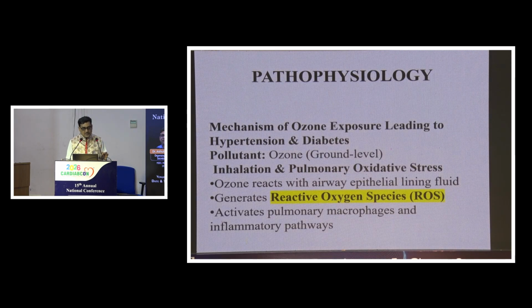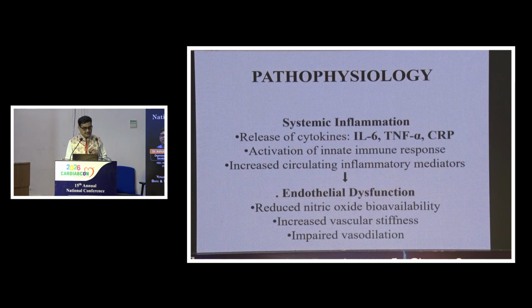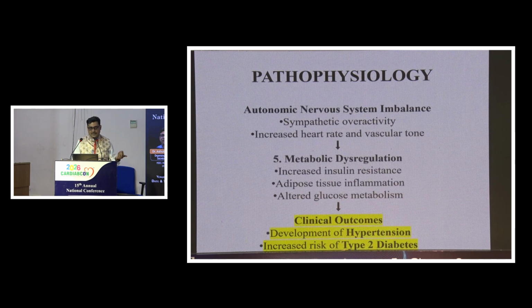The pathophysiology is basically the production of reactive oxygen species, which leads to systemic inflammation by production of IL-6, TNF-alpha and CRP, activation of the immune response and increased circulating inflammatory mediators. This ultimately leads to endothelial dysfunction by reduced nitric oxide bioavailability, increased vascular stiffness and impaired vasodilatation, as in diabetes and coronary artery disease.